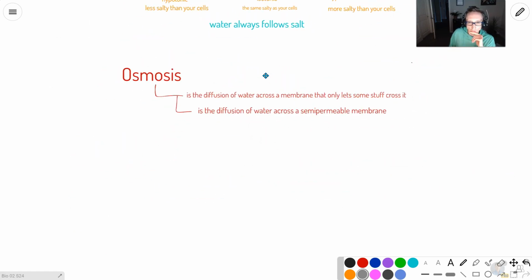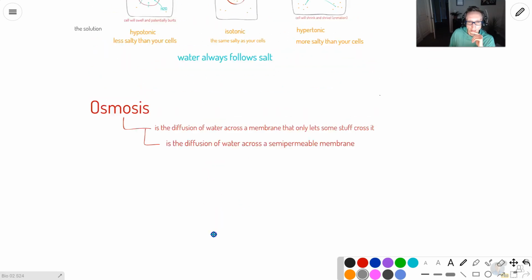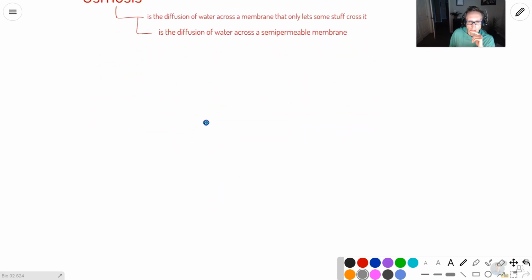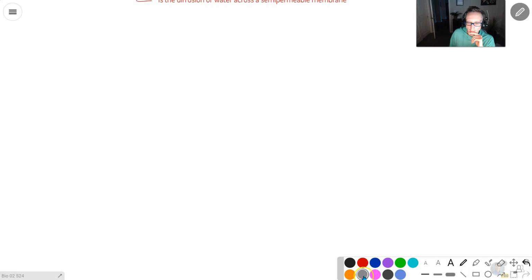So the diffusion of water across a semi-permeable membrane. Yeah, this is pretty cool actually. So if we take our little beaker, we got a little glass tube in there that is something like this. Maybe it's got a little bulb down here.